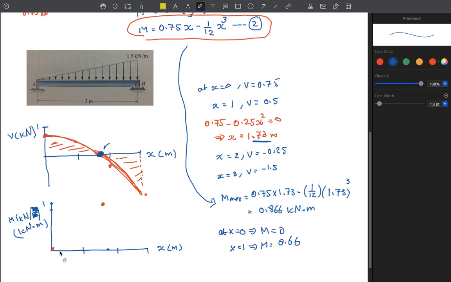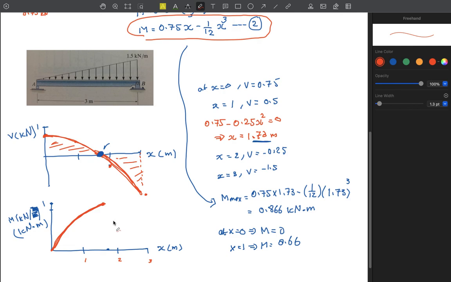So we go here at 1, I don't know, 0.66, probably somewhere here. Okay, so this is 1, this is 2, this is 3. So it would be something like this, and this is the maximum point. It's also curvy as well, sorry.